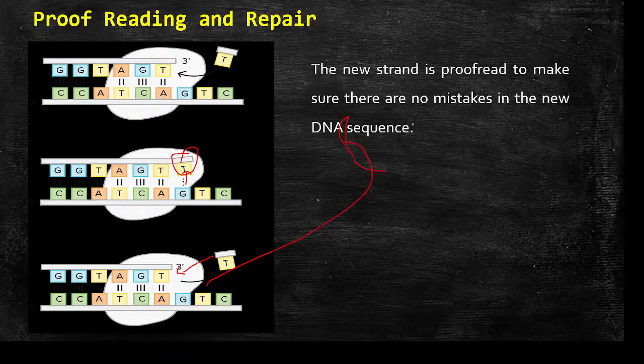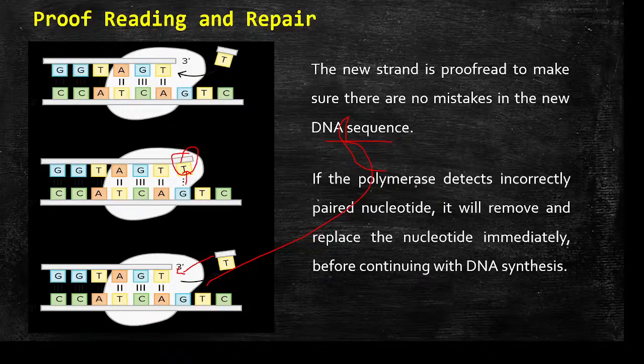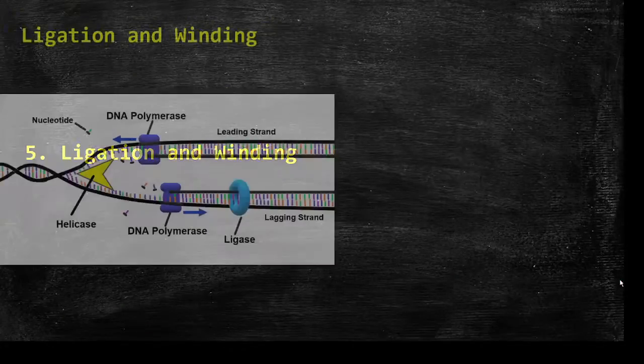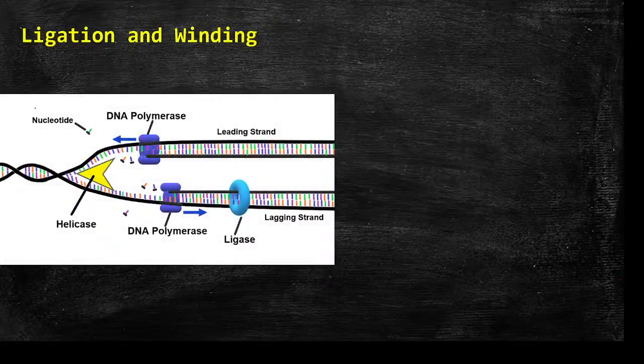So the new strand is proofread to make sure there are no mistakes in the new DNA sequence. The incorrect nucleotides are detected, removed, and replaced with the correct nucleotide.